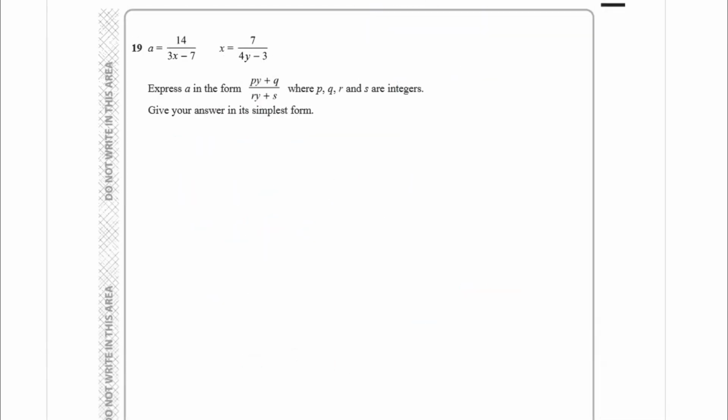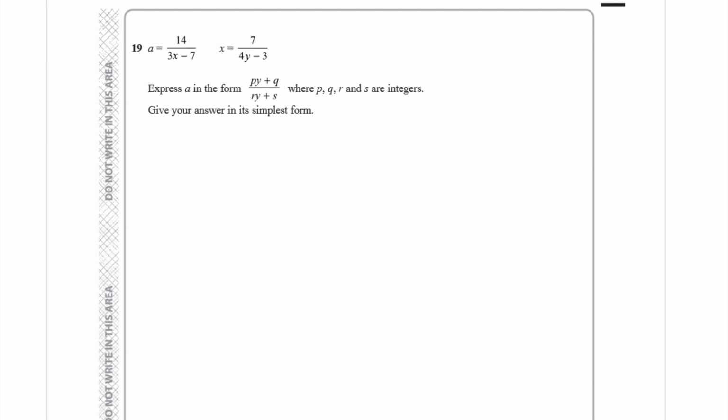So for question 19 here, let's continue, and we see that we have an expression for a in terms of x, and we see that we have an expression for x in terms of y, and it says express a in the form py plus q over ry plus s. So we notice that there's no more x's in that form.